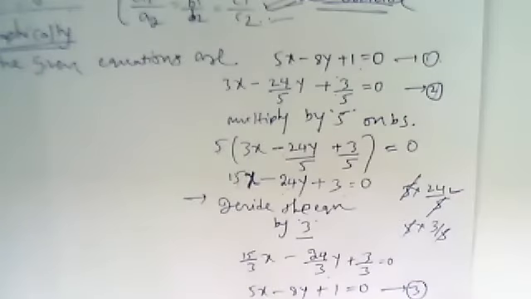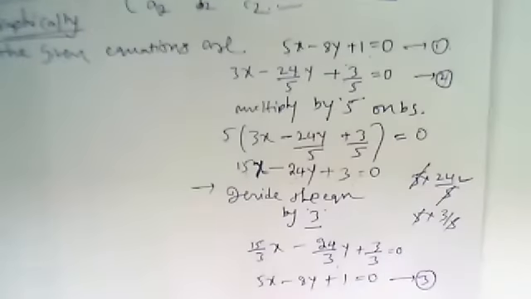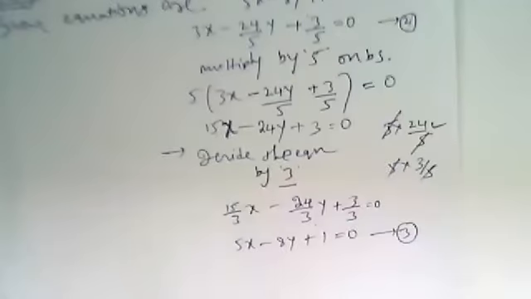Equation 1 and 3 being the same means equation 1 and 2 are the same. If equations 1 and 2 are the same, what is our conclusion? They are dependent pairs of linear equations in two variables.